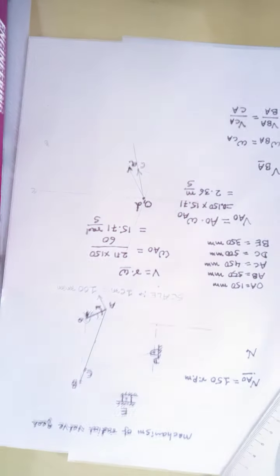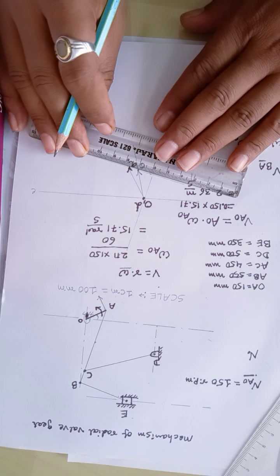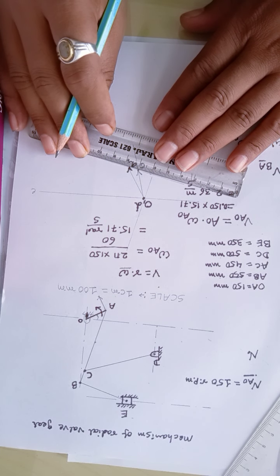What is the length CA? CA is almost 7 millimeter.